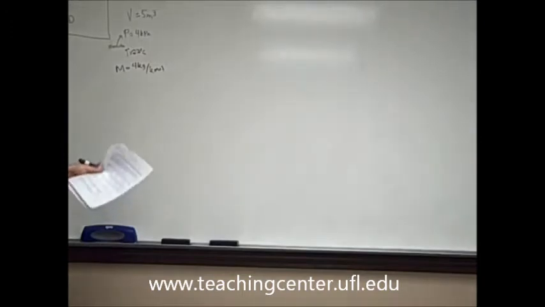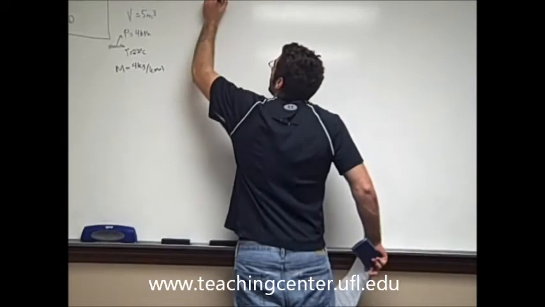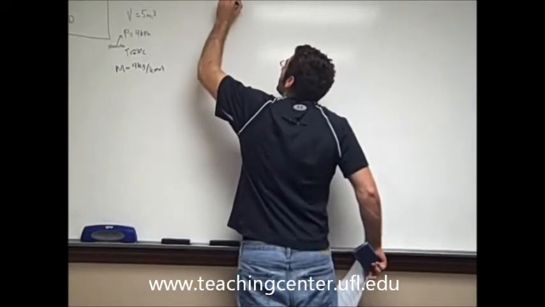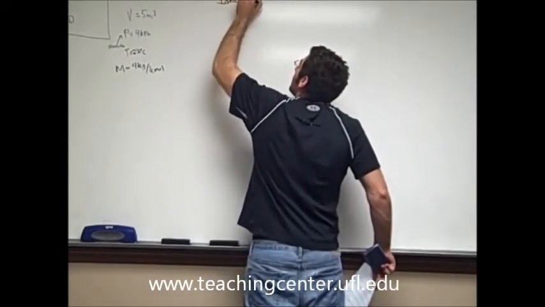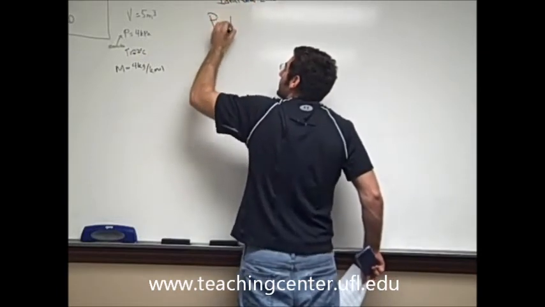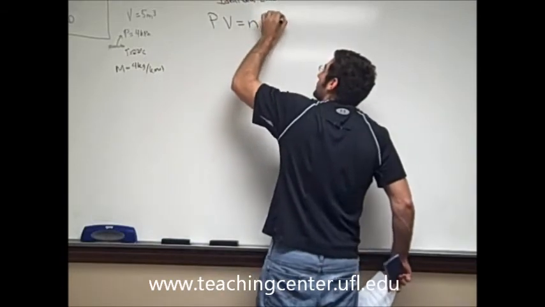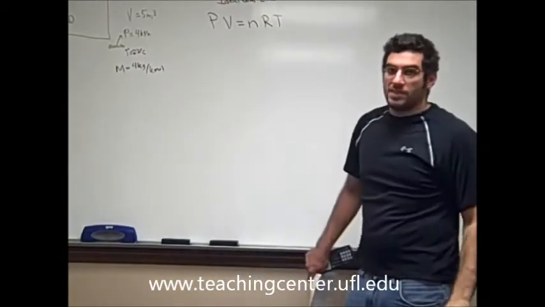So, right off the bat, the first thing that I think of is ideal gas. If you've taken chemistry, this might be a little more apparent, but if we have pressures, volumes, and we need to find a mass and molar mass, we need to use this equation, which is called the ideal gas law. It says pressure times volume is equal to number of moles times the universal gas constant times temperature.